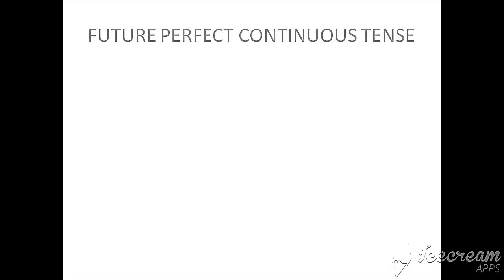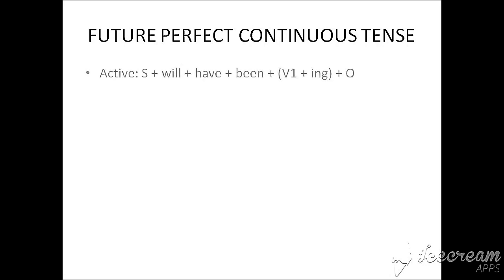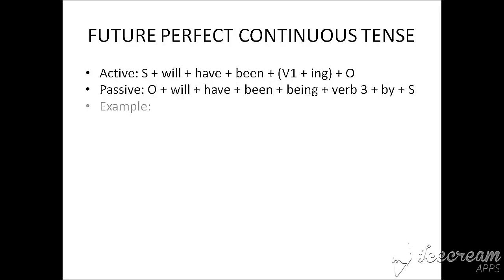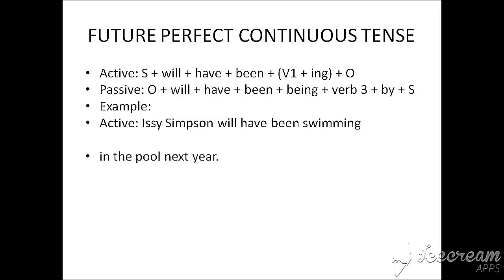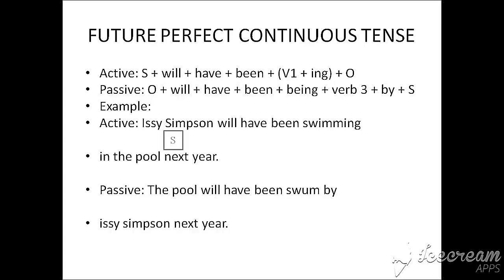This is future perfect continuous tense. The formula of active and passive voice is there. The example, in active voice: Izzy Simpson will have been swimming in the pool next year.